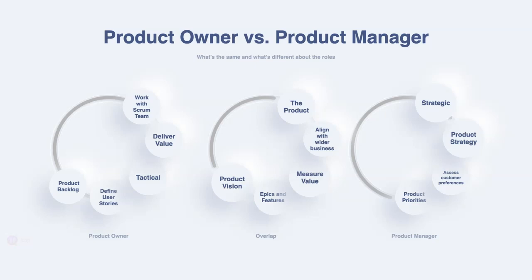But there's a real overlap here, and that's where the middle bubbles here come in. The overlap is, of course, the product. Both of these roles are going to be hugely passionate and supportive of the product itself. They're both going to want to align with the wider business in slightly different ways.